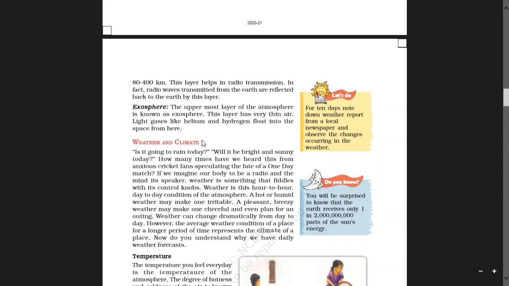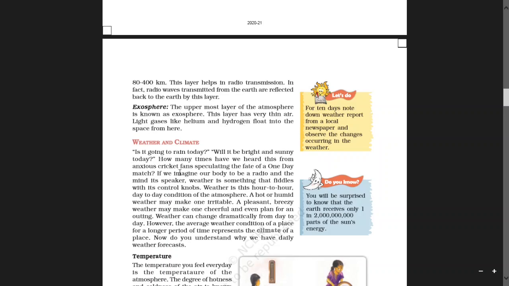Weather and climate. Is it going to rain today? Will it be bright and sunny today? How many times have we heard this from anxious cricket fans speculating the fate of a one-day match?